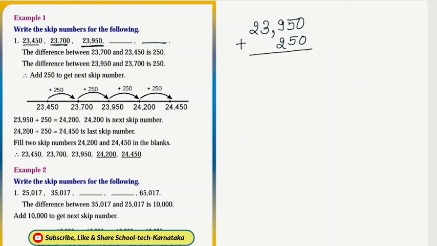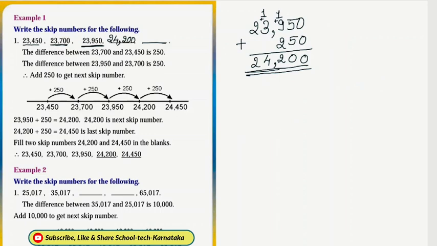So 0 plus 0 is 0, 5 plus 5 is 10. I write 0 here and carry 1 here. So 1 plus 9 is 10 and 10 plus 2 is 12. I write 2 here and carry 1 here, and again 1 plus 3 is 4 and 2 as it is. So the next number that we have found now is 24,200.